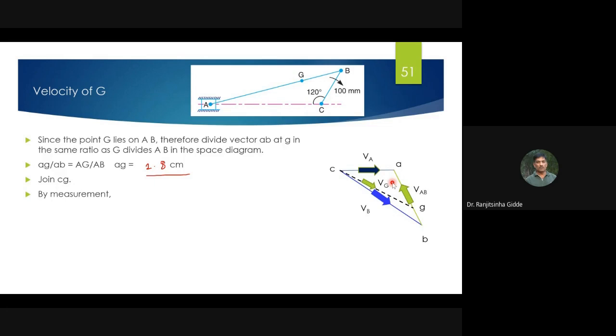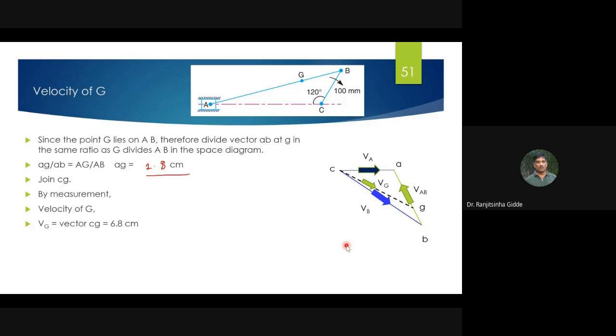Okay, up to this completed? Yes, sir. Okay. Next line you can write by measurement. Now we need to measure this vector CG, which is shown by dotted line. So next line you can write velocity of G, Vg is equal to vector cg and is equal to.